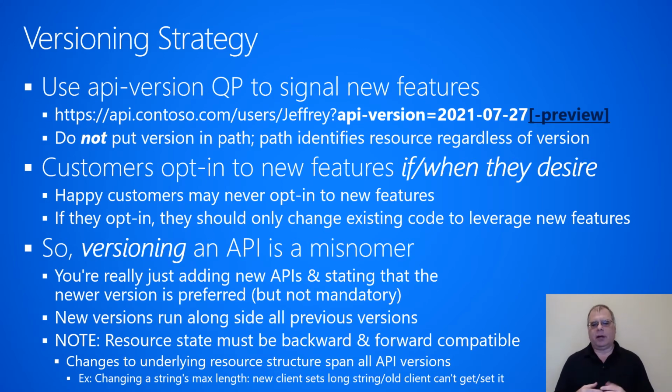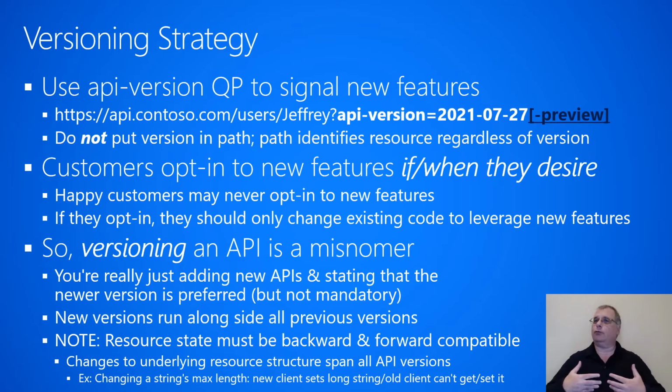So now customers can opt into these new behavioral features if and when they desire, because the client has to go and make the request with this API version value. Happy customers may never opt into any new features that you add in a new API version. If the customer does opt in, then our rule is that they should only have to change existing code in order to leverage new features.